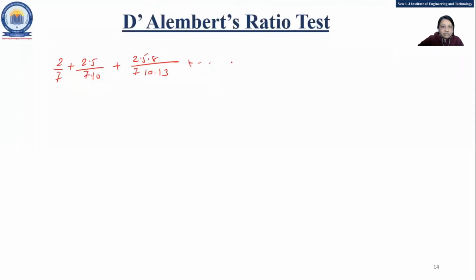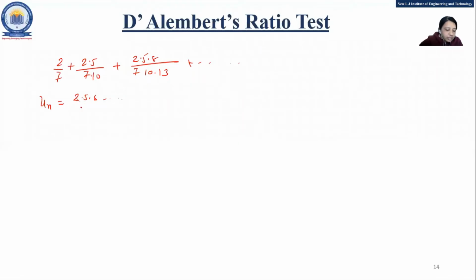So this is my series, right? So if you want to write down the un, what is the general form quickly? You can write 2, 5, 8, dash dash up to which, how you will get this, right?